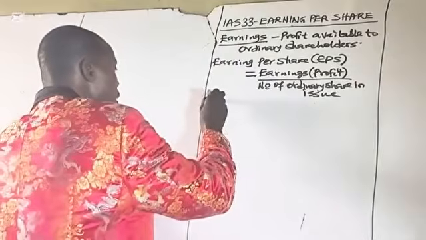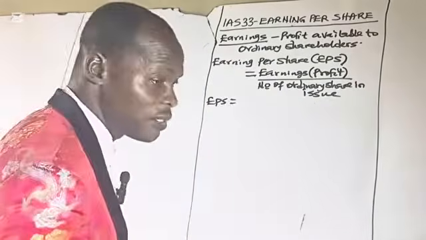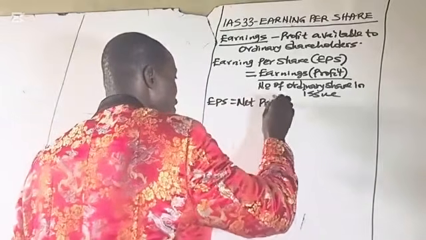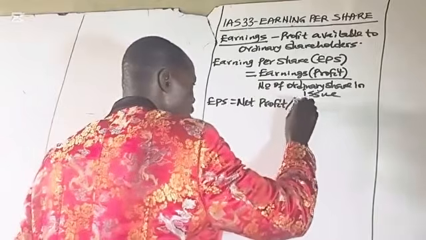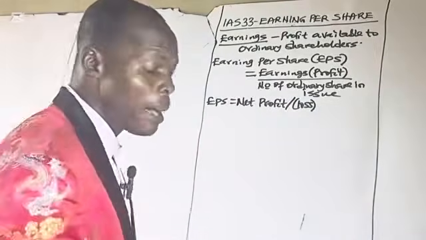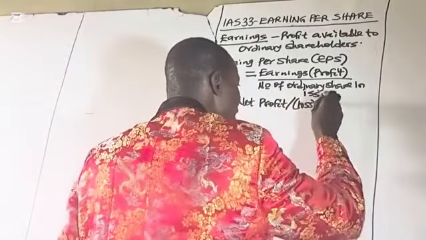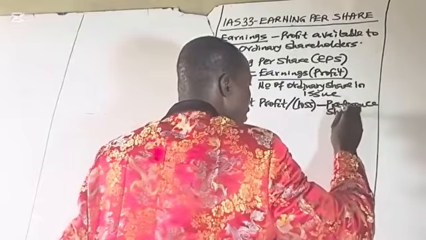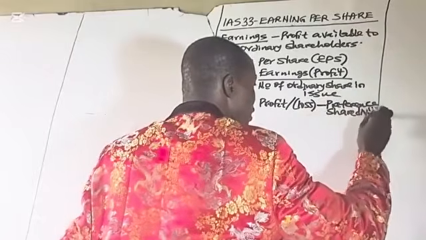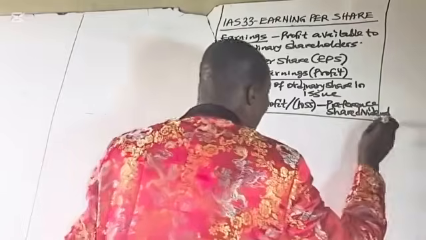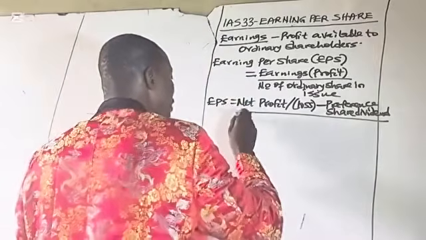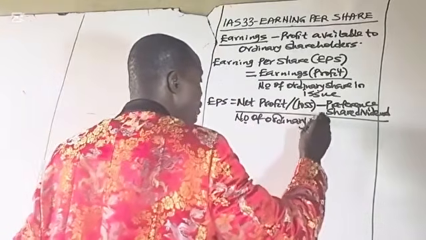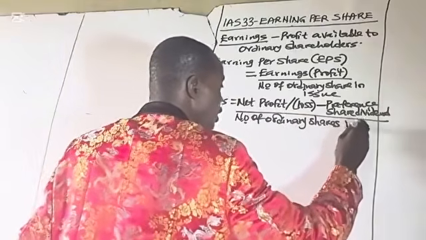To calculate your EPS, you have the net profit or loss for the year. It could be a loss, it could be a profit for the year, minus preference shares dividend, divided by the number of ordinary shares in issue.